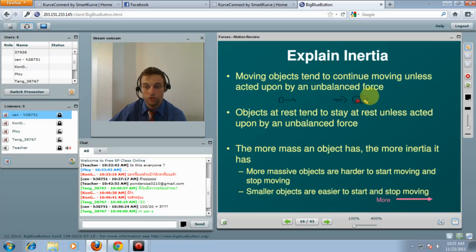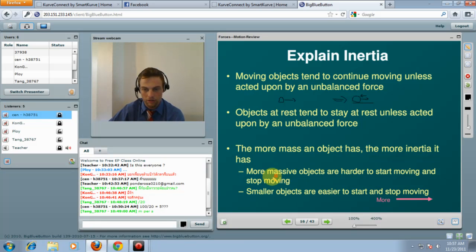Or if you have a giant rock that's rolling down a hill, the bigger it is, the harder it is to stop. If it's a little pebble, small rock, it's very easy to stop. But if it's a gigantic rock, you probably want to get out of the way, because it's going to be really hard to stop. And that's kind of the concept behind inertia.